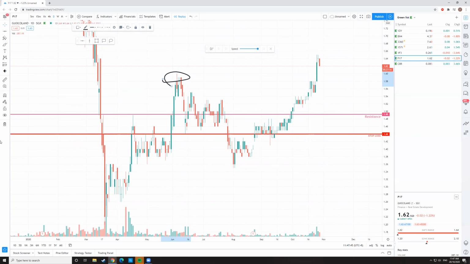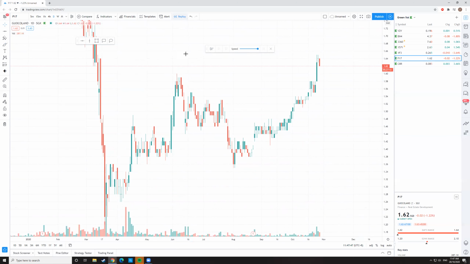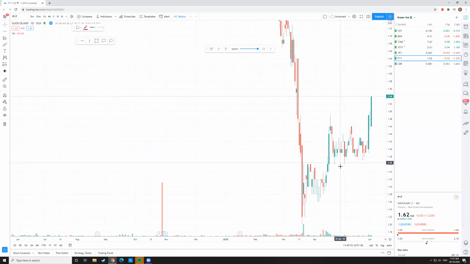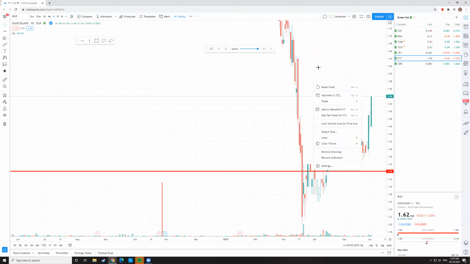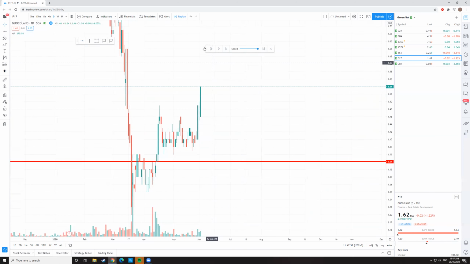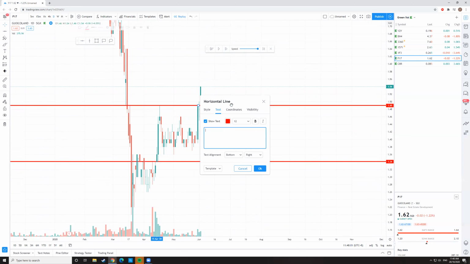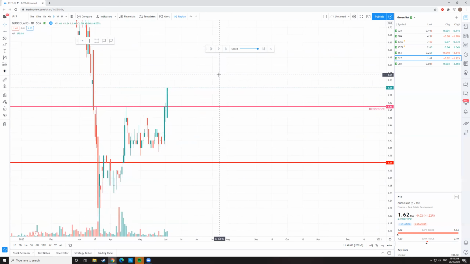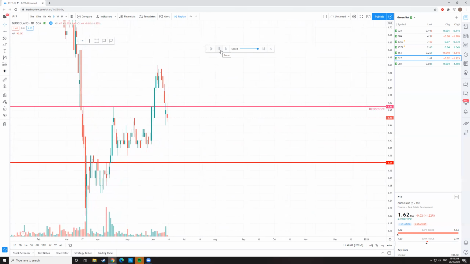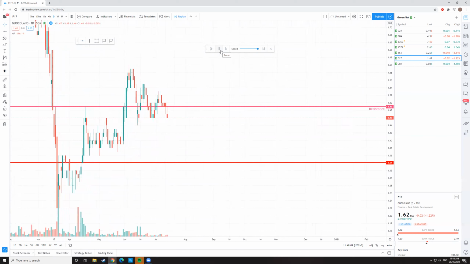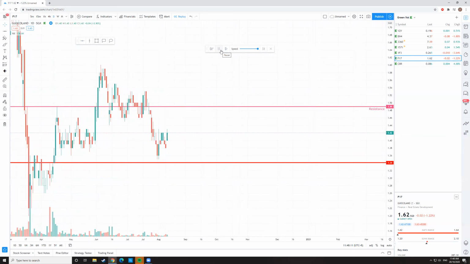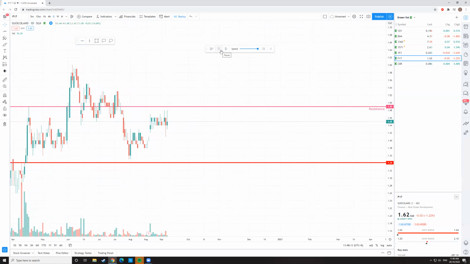So if we look back again at the other stop loss, which is somewhere around here, and we run the price, it is very obvious that you are still holding your position.